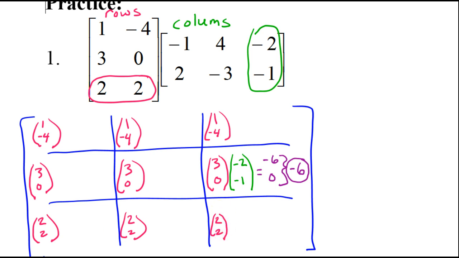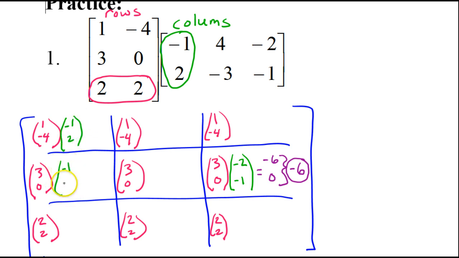Okay? And it's the same with the columns. If I want to find the entries of column 1, I'm going to be multiplying by column 1. So I might as well write it down 3 times: -1, 2; -1, 2; -1, 2.